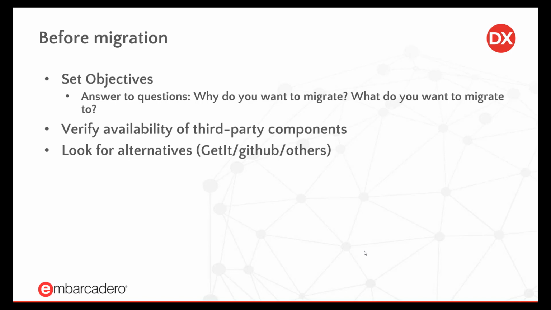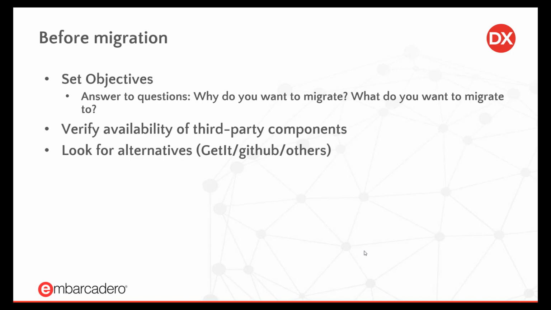Another thing that we have to consider before migrating is, again, as we talked before, third-party components. We check the availability of the third-party components that we have in our application, and if they are not available or not practical to migrate to, we can look for alternatives.